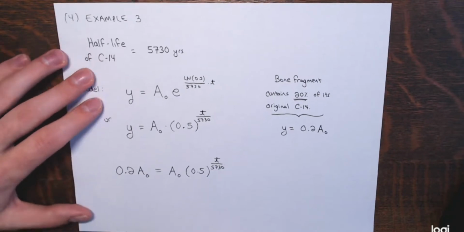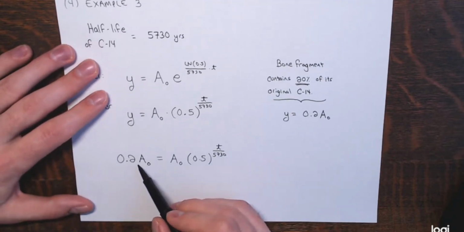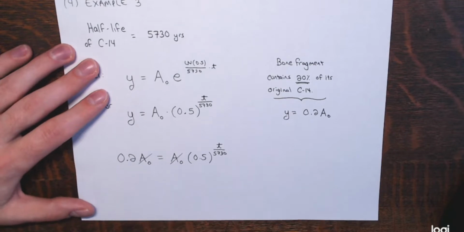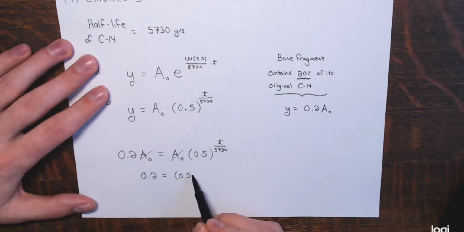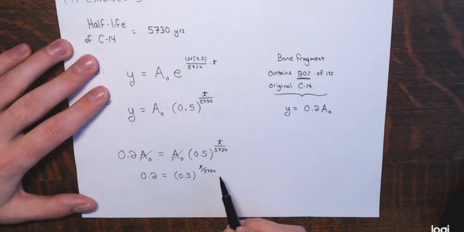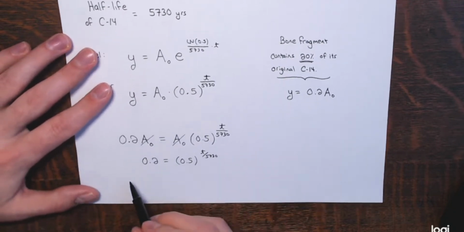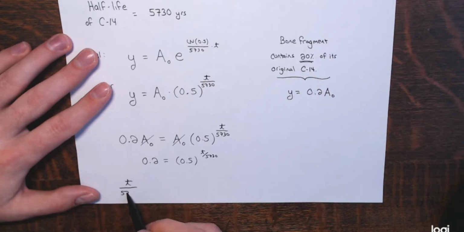So here I'm solving for T. We divide both sides by A0. Now I have 0.2 equals 1/2 to the T over 5,730 power. Then I can change this to log form, so T divided by 5,730 is equal to the log base 0.5 of 0.2.